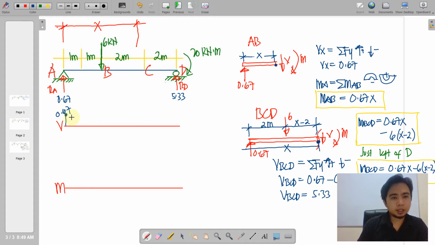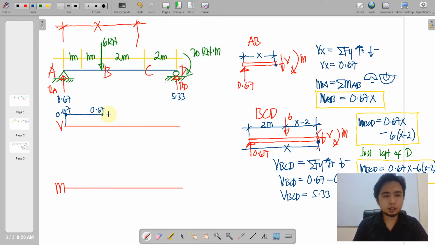And then from A to B has no loading, so it remains 0.67. That is just left of B. The value is 0.67, so we can verify that in our equation actually. We have a constant value for AB with the shear of 0.67.